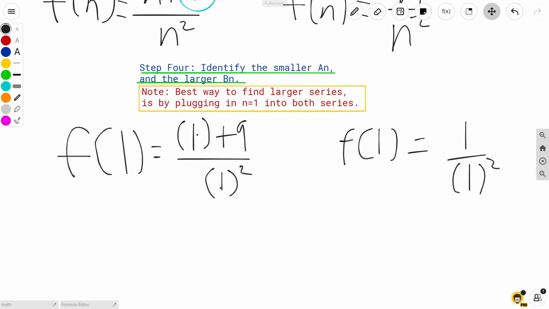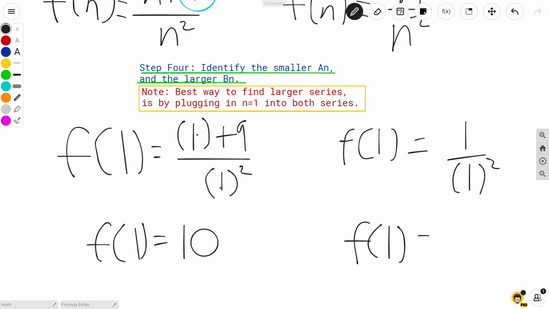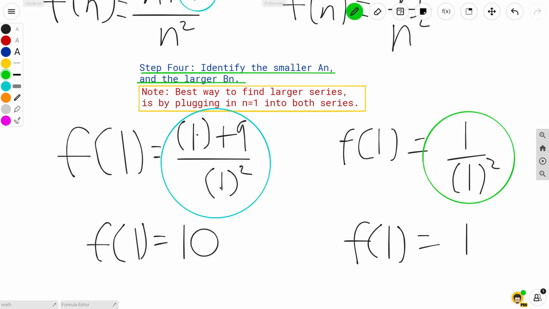So the first one on the left hand side is equal to 10 over 1, which is simply 10. And on the right hand side, we get 1 divided by 1, which is equal to 1. So we can clearly see that this one is larger. So this one's going to be our b sub n, and this one's going to be a sub n. So now that we've identified them, we're just going to quickly take note of which one's which.